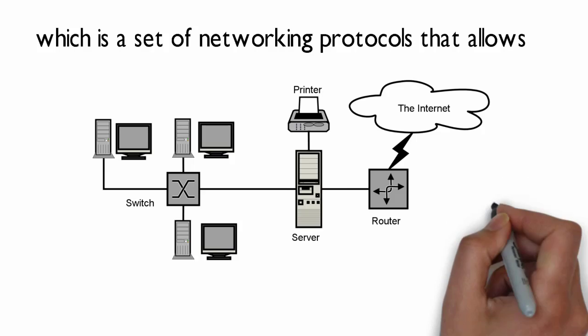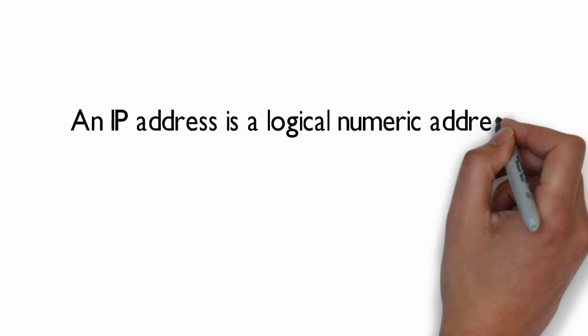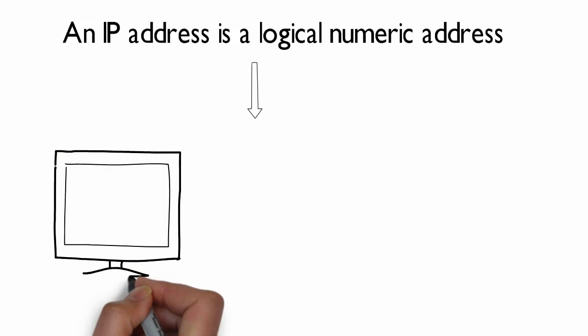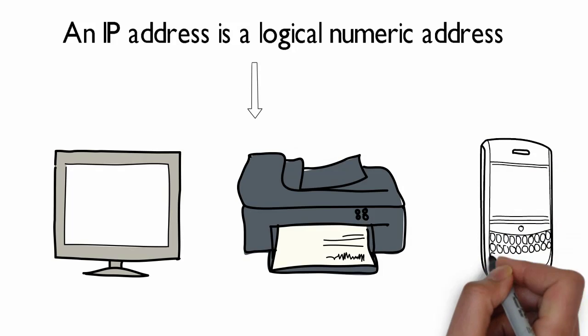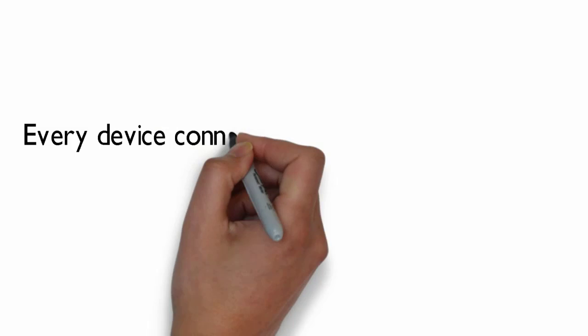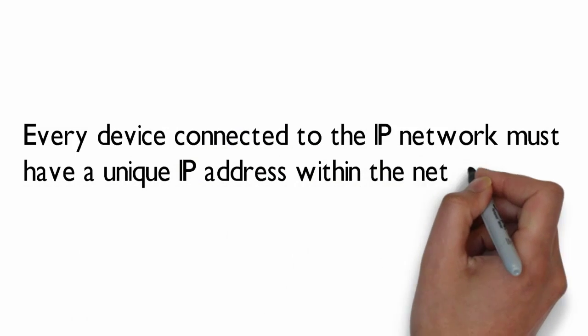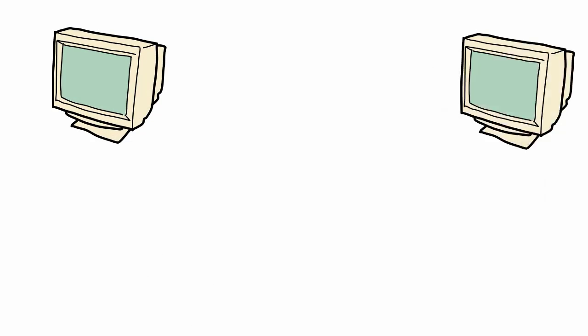An IP address is a logical numeric address that is assigned to every single computer, printer, mobile or any other device that is part of an IP-based network. Every device connected to the IP network must have a unique IP address within the network. You won't find two computers connected to the internet using the same IP address.